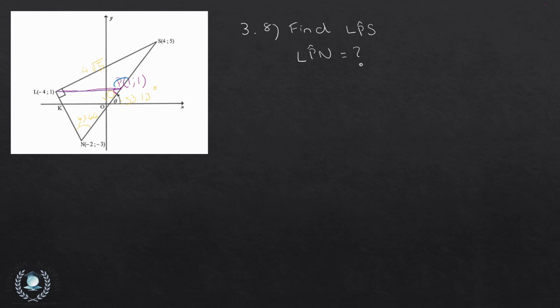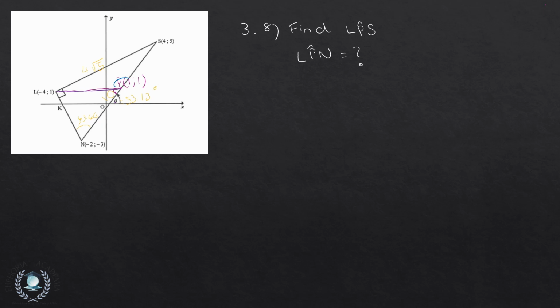And the y coordinate of L is also 1, so it's a straight line that is actually parallel with the x-axis. Now, what do we know about parallel lines? We can see that this angle here can be equal to our angle of inclination, which we found earlier in the question as 53.13.